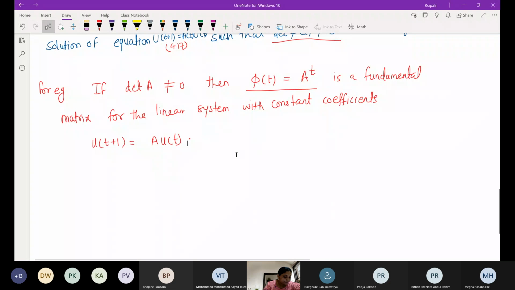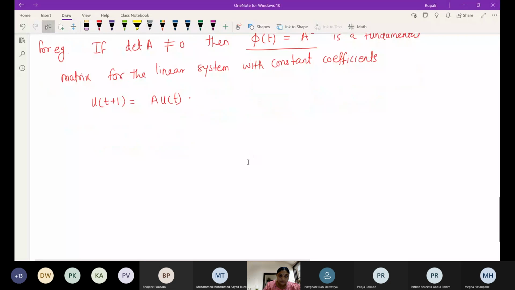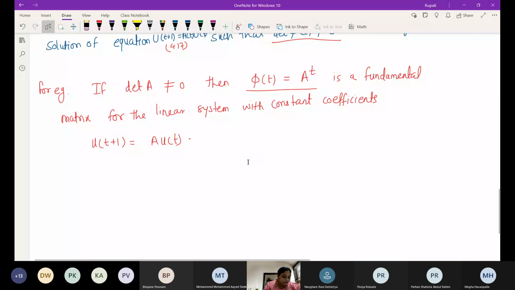Now, what can we say about fundamental matrices?